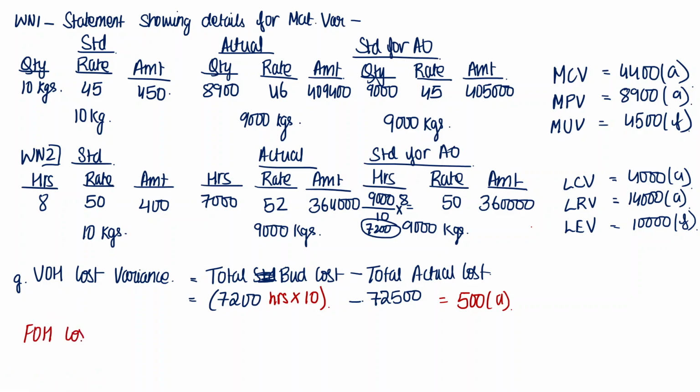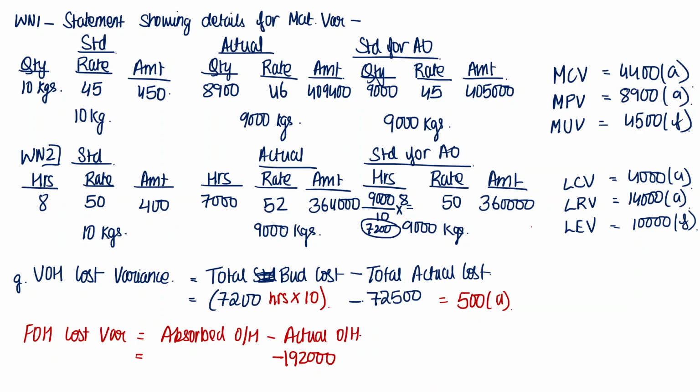Fixed overhead cost variance is equal to absorbed overheads minus actual overheads. Is the actual overhead given to you? How much? 1,92,000. Is the absorbed overheads given to you? No. You need to calculate the absorption rate.